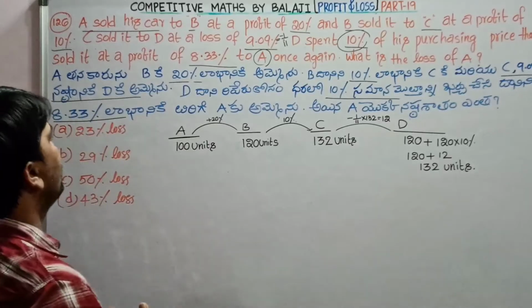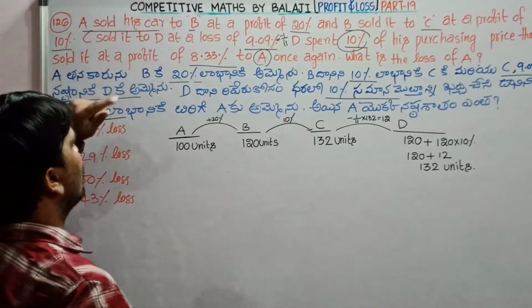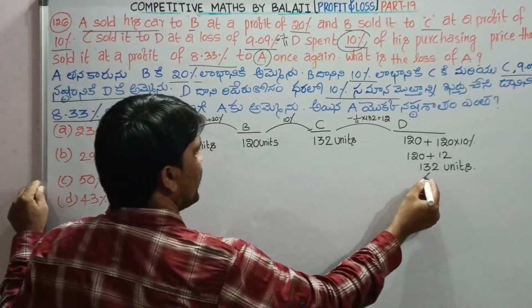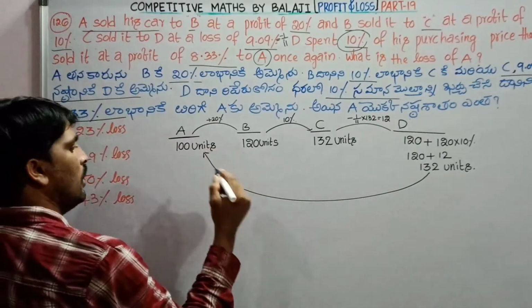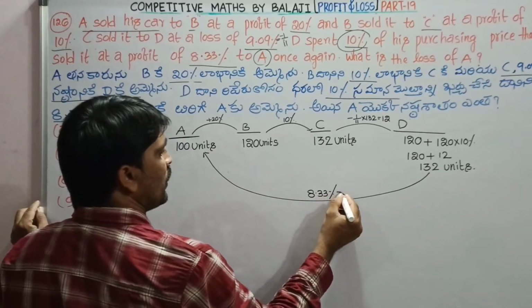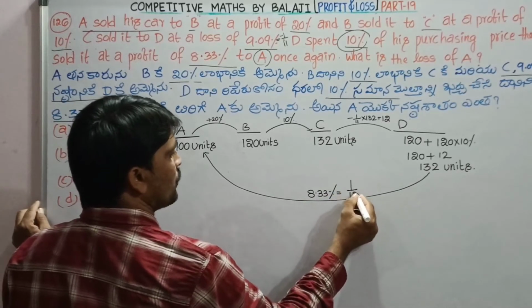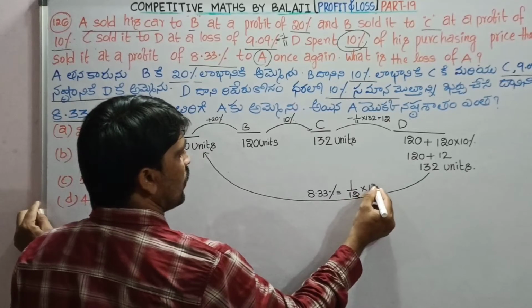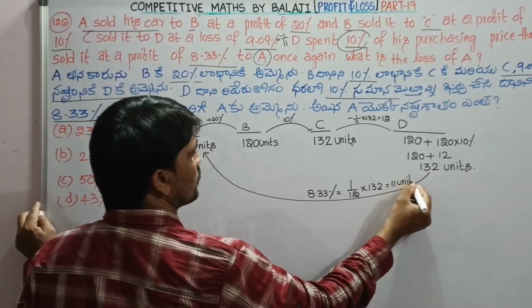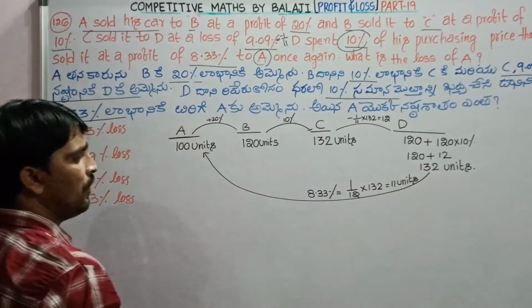And D sold it again at a profit of 8.33% to A. The fraction value of 8.33% is 1 by 12. 1 by 12 of 132 units is 11 units.